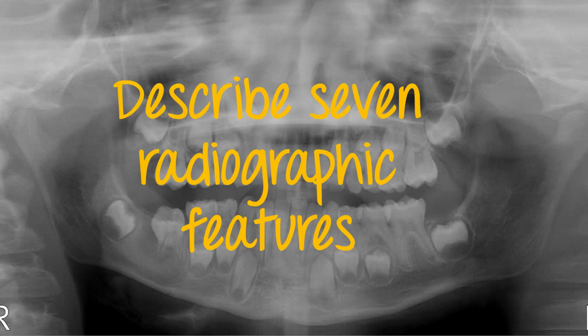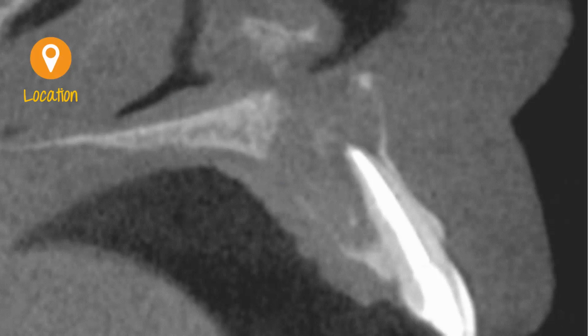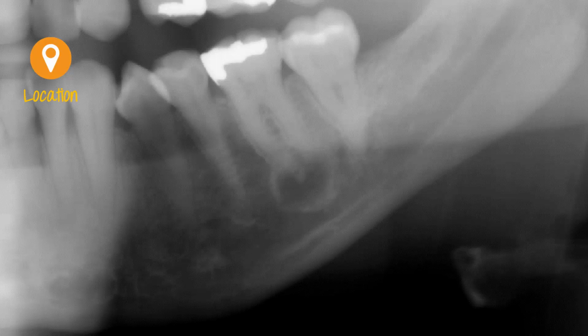First, we'll describe the location of the lesion. Is the lesion localized or generalized? Is this lesion on this radiograph in the maxilla or in the mandible? Is it in the anterior region, around the root?